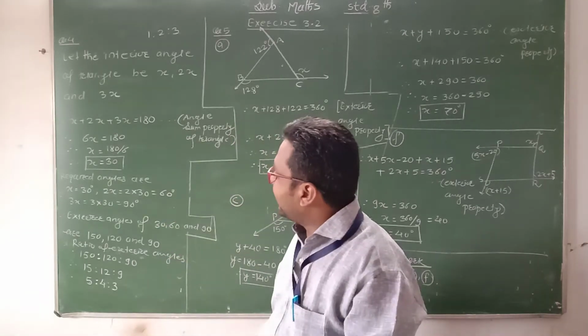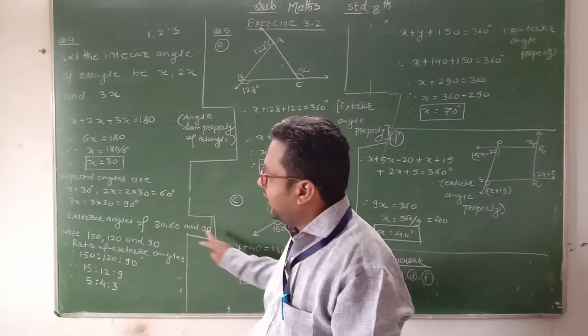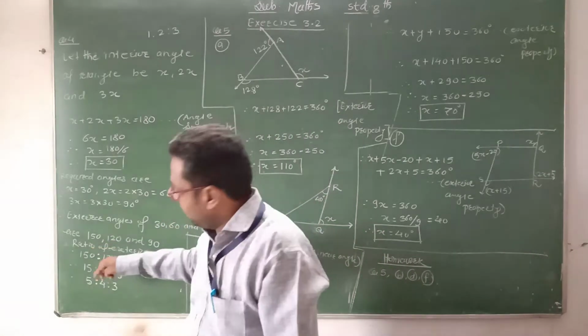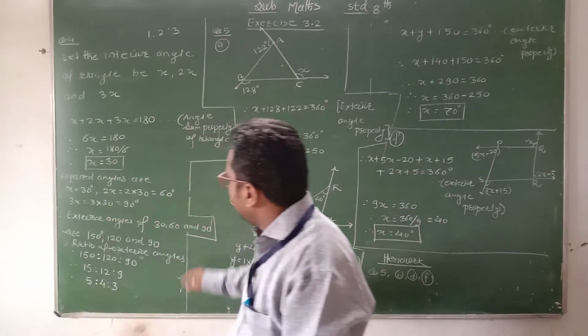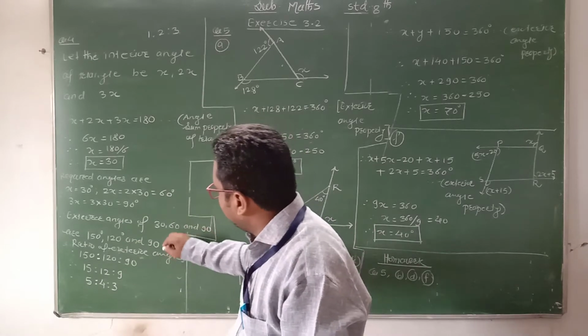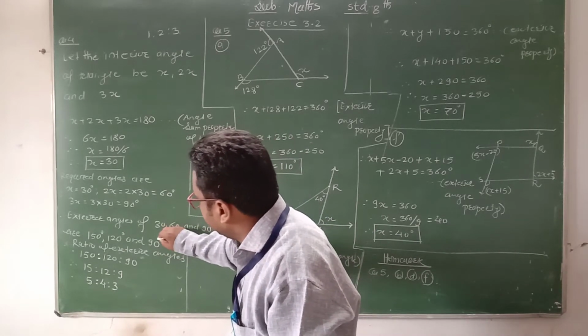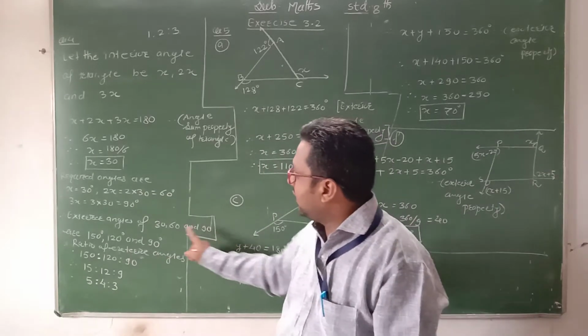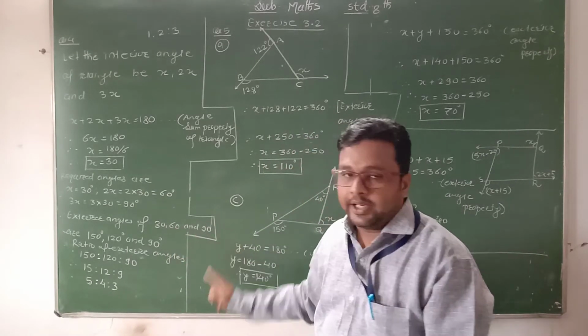Correct? Then you will get the exterior angles of these interior angles. Then 180 minus 30, here we get 150 degrees. 180 minus 60, 120 degrees, and 180 minus 90, here we get 90 degrees. These are the exterior angles of the given interior angles 30 degrees, 60 degrees and 90 degrees.